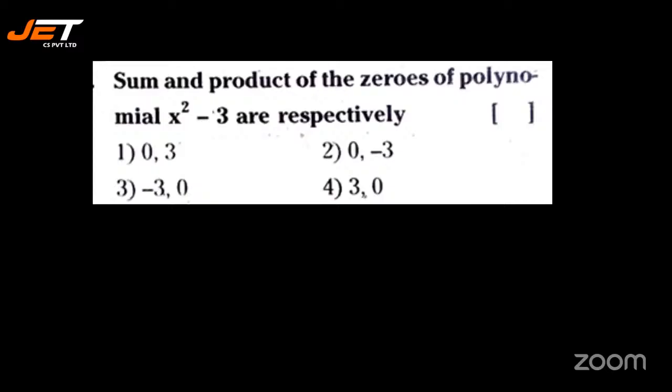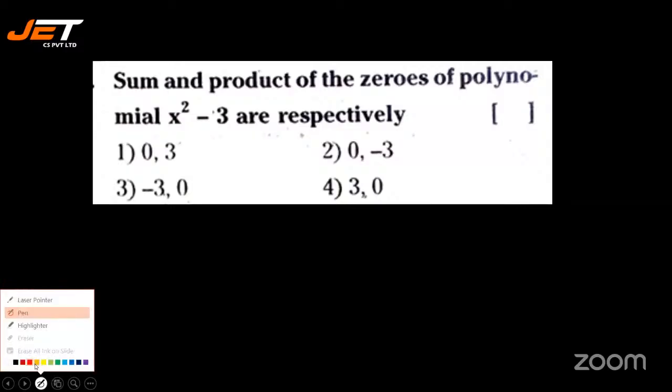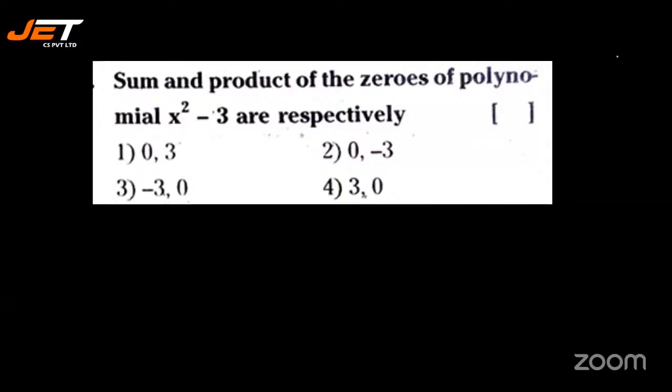Sum and product of zeros of polynomial x square minus 3 are dash. Right, so what is sum over here? Let me use my pen. So, sum is alpha plus beta, which is minus b by a. Isn't it?